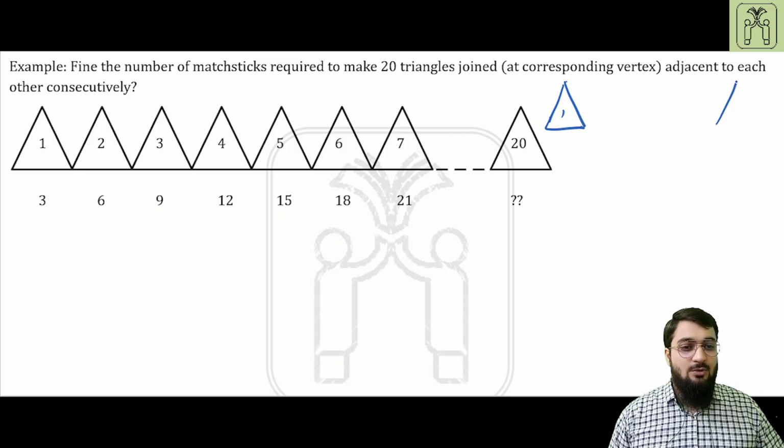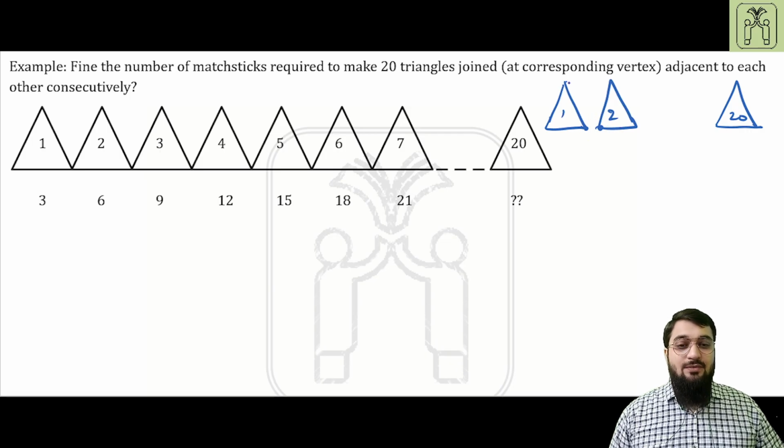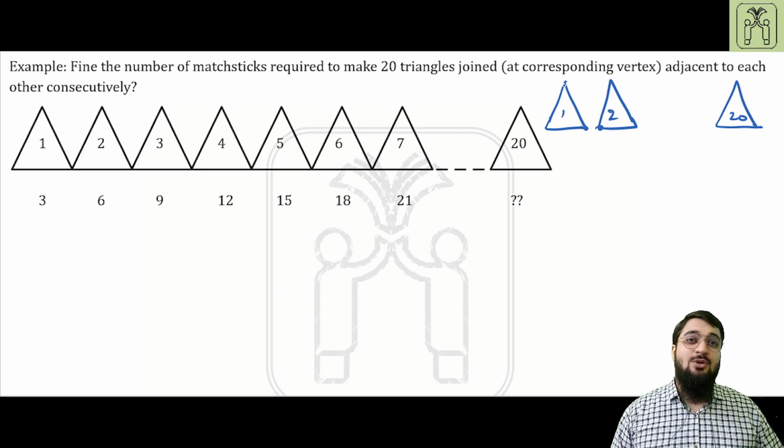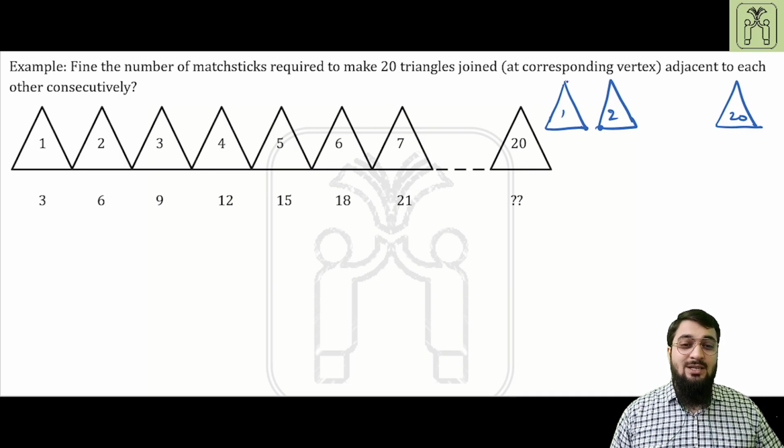We have to make 20 triangles. And the first and second triangle are joined to each other at the corresponding vertex adjacent to each other. If it had written that it is joined at the corresponding vertices, then it would have meant that it is joined at the two ends, but it is not written.